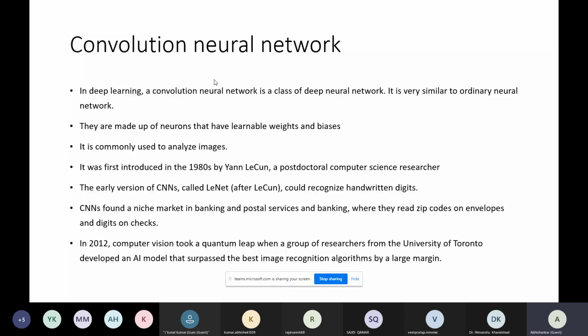Storage had problems. So we didn't have that much interest in deep learning, as well as in CNN, convolutional neural networks, or computer vision. But nowadays, after 2012, I think it started and is booming. Nowadays, there is a lot of research happening.